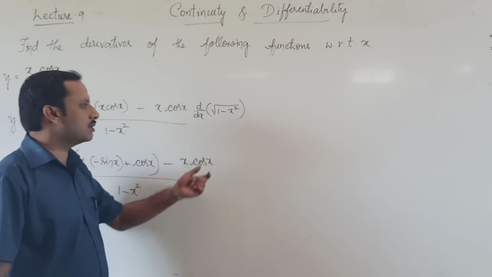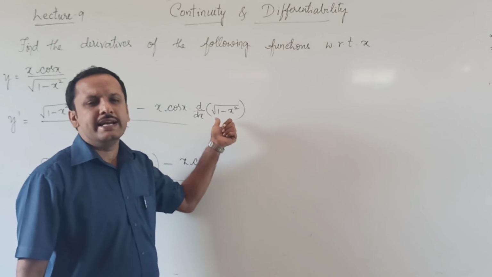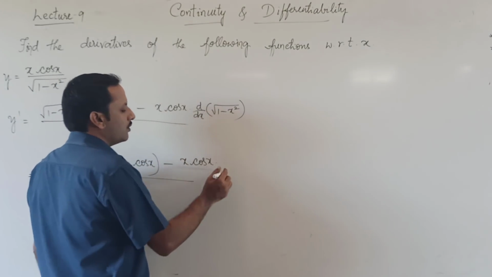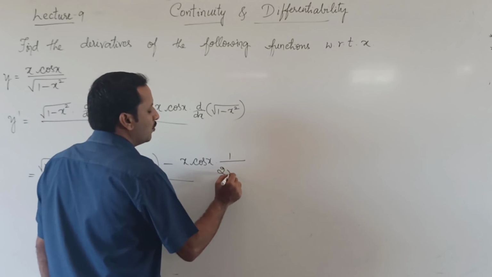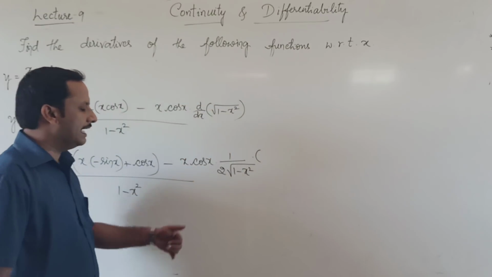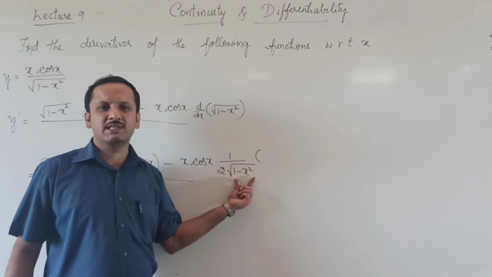Root 1 minus x square looks like root x. Derivative of root x is 1 by 2 root x. So derivative of root 1 minus x square will be 1 by 2 root 1 minus x square into the derivative of 1 minus x square.